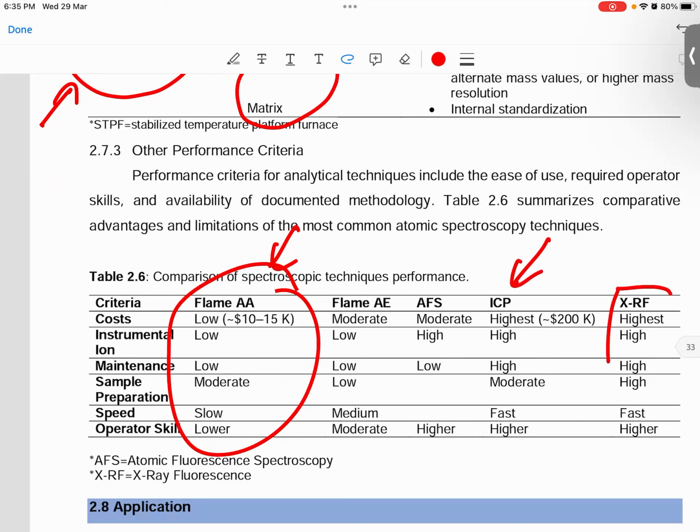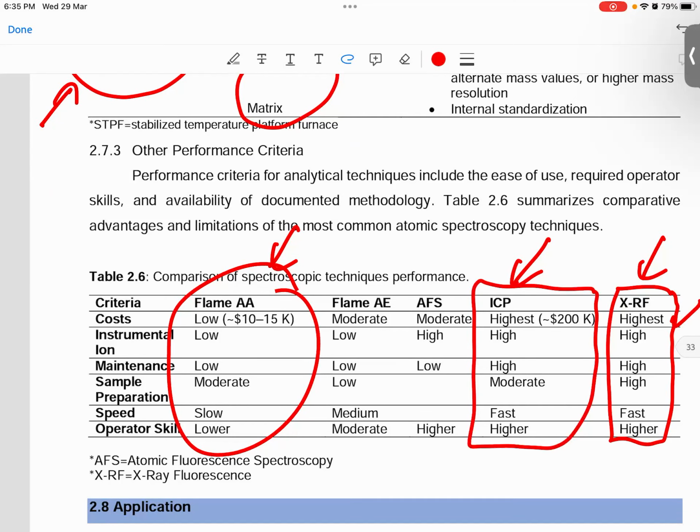And this one, because we are using X-ray, sometimes we have difficulty buying it. You can see that it is highest, but it requires an X-ray source to operate, so it's not really preferred. But of course, you can see the performance is much better. So now, if you have money, then please buy this.